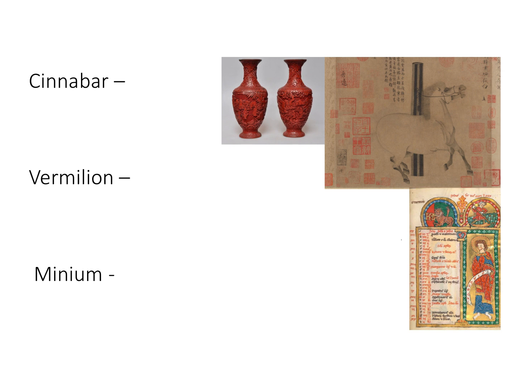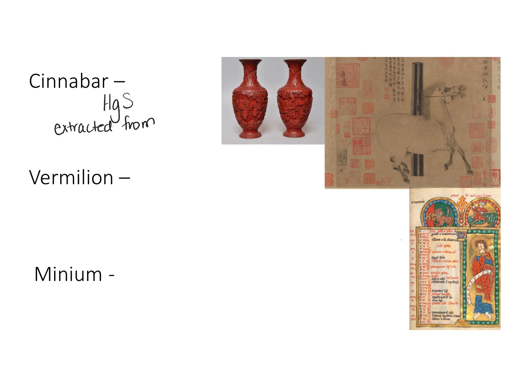Now, this cinnabar paint is a really bright, shiny, orangey red mineral that is extracted from the mercury mine in Almaden in central Spain. So the pigment itself is mercury sulfide, right?